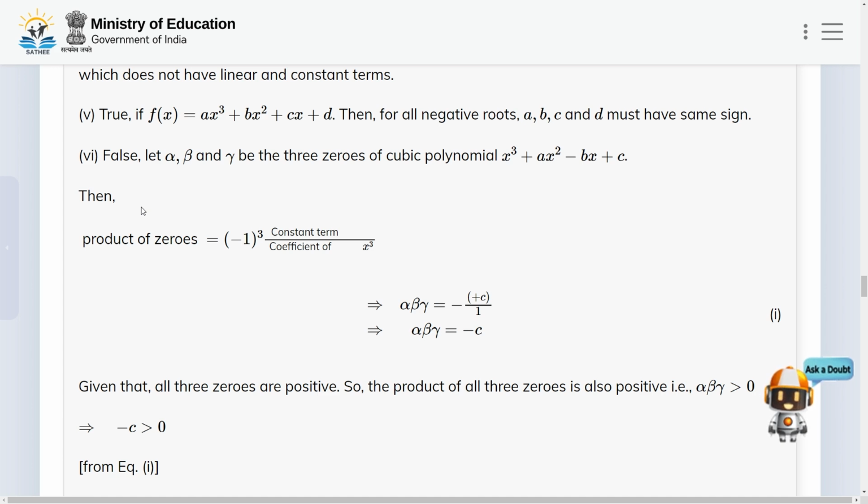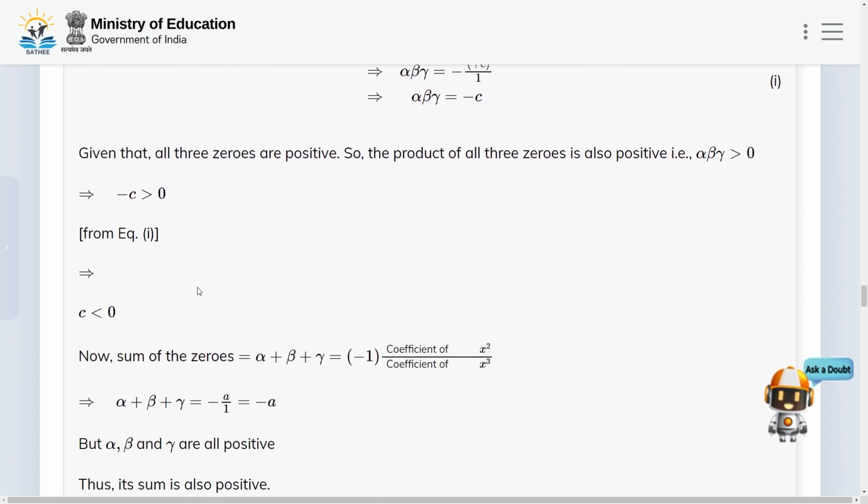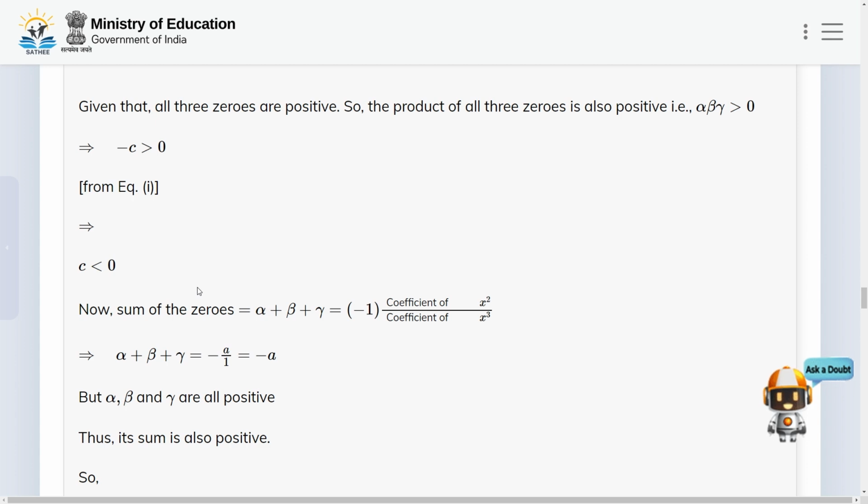It implies alpha beta gamma is equal to minus c upon 1, so alpha beta gamma is equal to minus c. Given that all three zeros are positive, the product of all three zeros is also positive, that is alpha beta gamma is greater than 0. It implies minus c is greater than 0, and it implies c is less than 0.